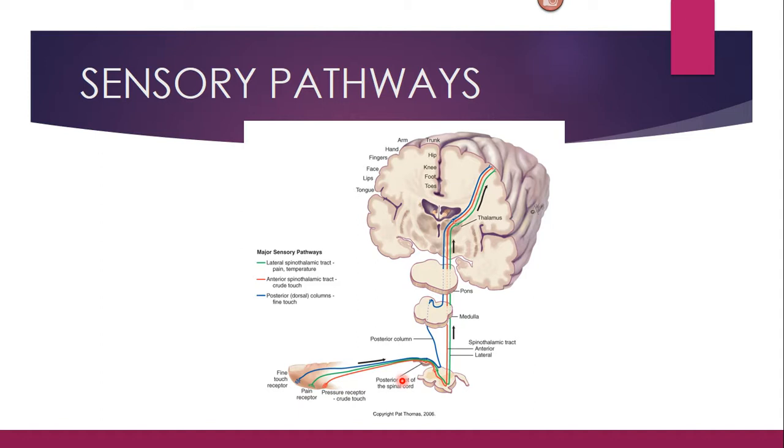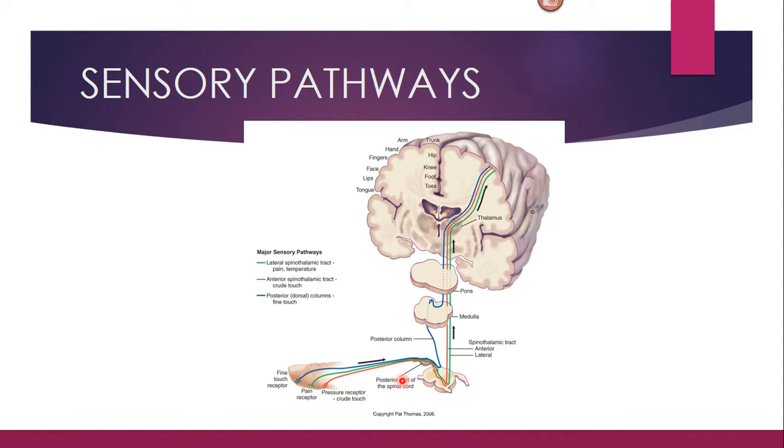So depending on what is going on, if we don't have pain but we're feeling a fine touch, then it's going based on our posterior column and going up through our brainstem, through our thalamus to the cortex, so that we can interpret what we're doing. And what I find fascinating, and I never really thought about it a lot, is that this all happens almost instantaneously, like the speed of sound or light or whatever is fastest.